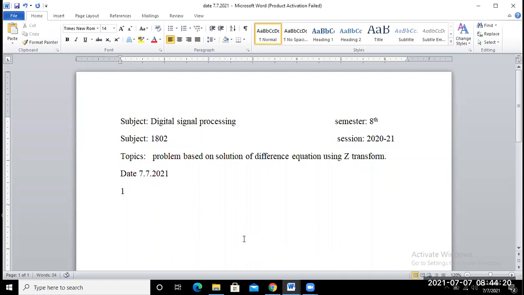If you consider one problem, that means find the solution of the difference equation using the Z transform for the given equation.